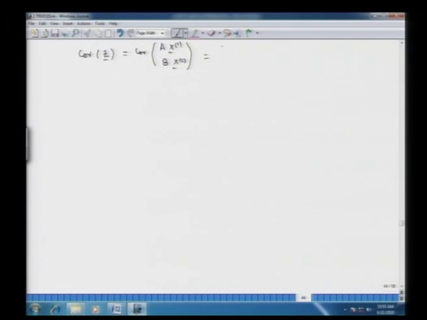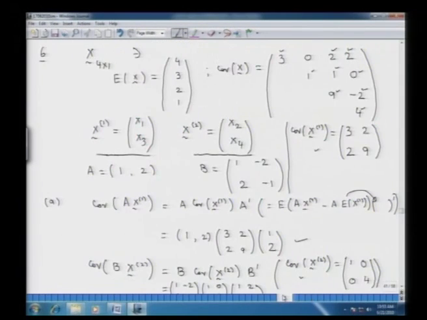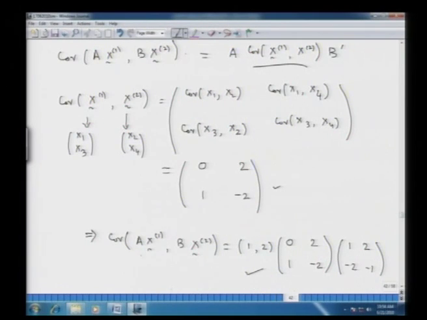I think we had obtained this term earlier. The covariance between Ax1 and Bx2 is going to be A times sigma, or rather the covariance between x1 and x2, which was given by this, and this is the B transpose matrix, that's what we had.